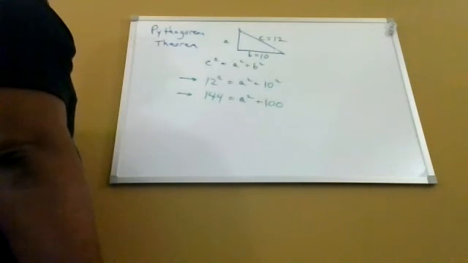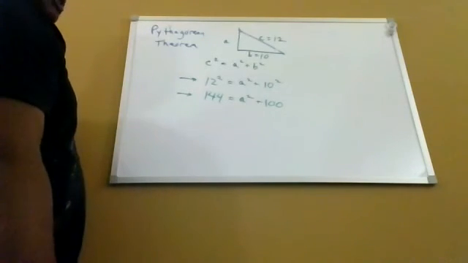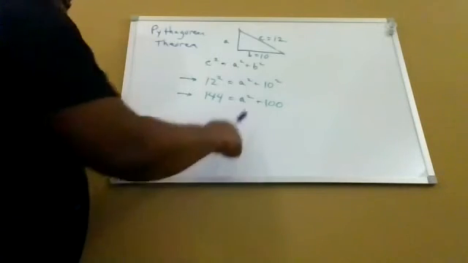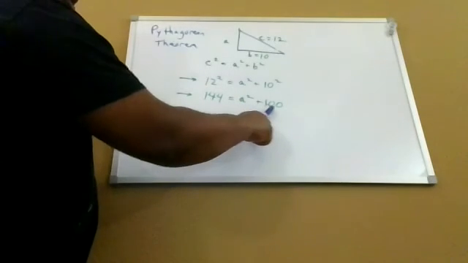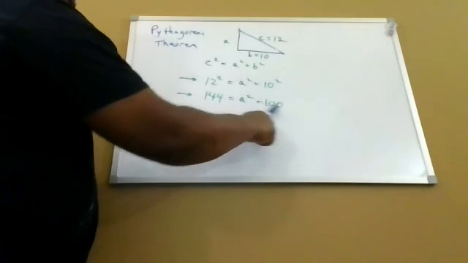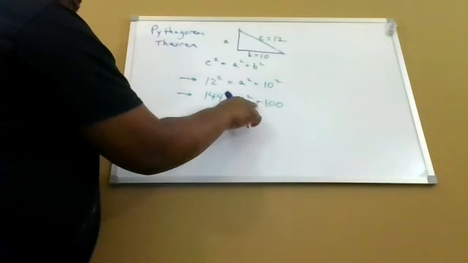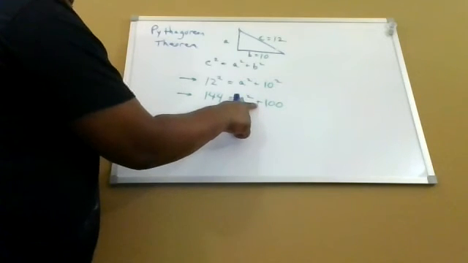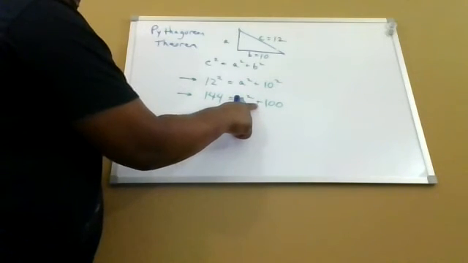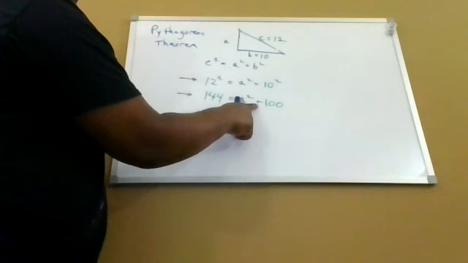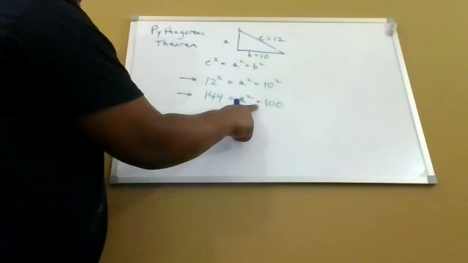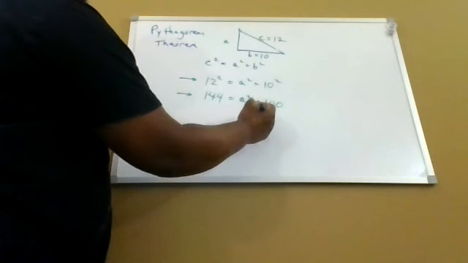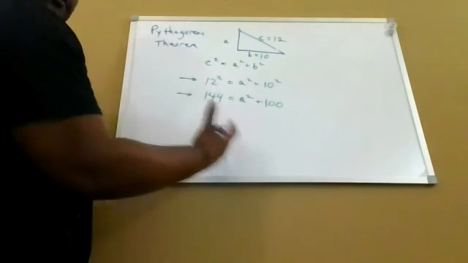Now to get a squared by itself, I need to subtract 100 from both sides. I'm subtracting because I have a plus sign right here, which means addition. So to get 100 to the other side, I need to do the opposite of addition, which is subtraction. So I'm going to subtract 100 from both sides.